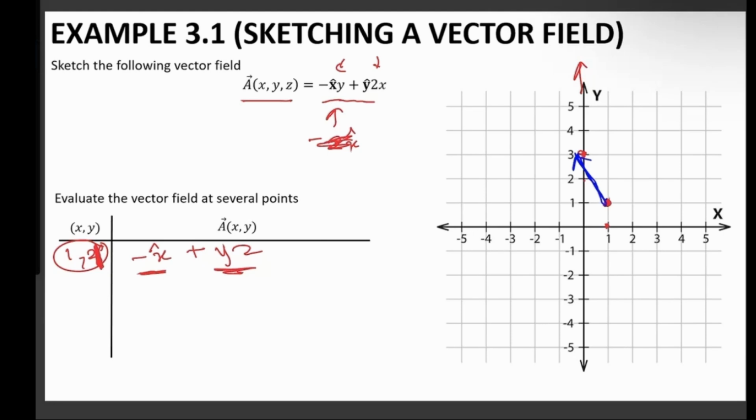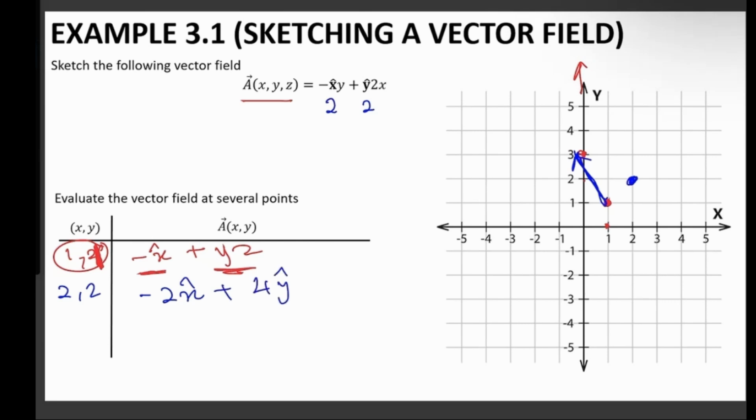Next, let's say we put 2 and 2. The point 2 and 2 is here. So just substitute the value here, 2 here and also 2 here. It will become minus 2x plus 4y.